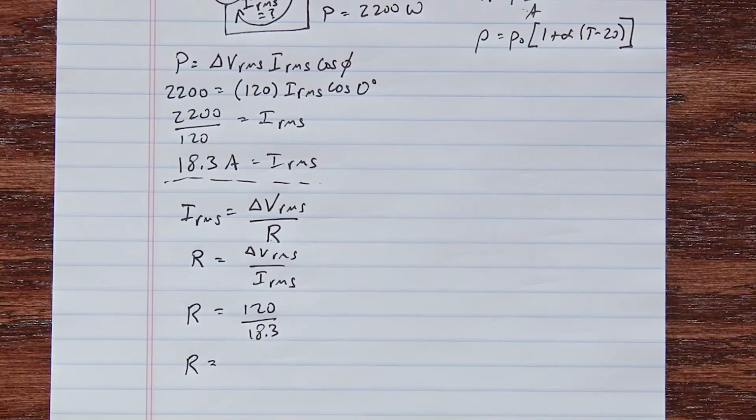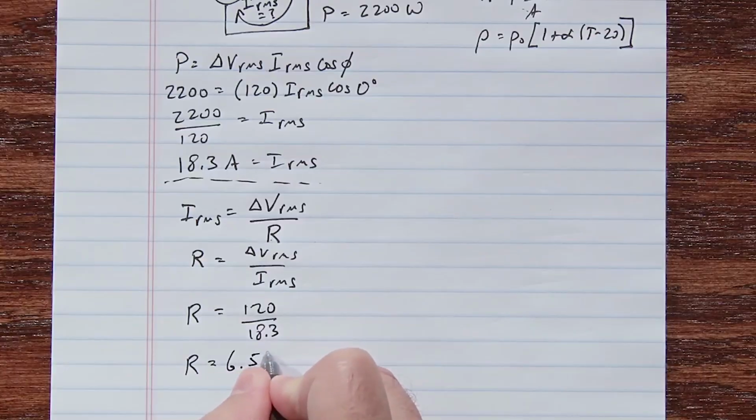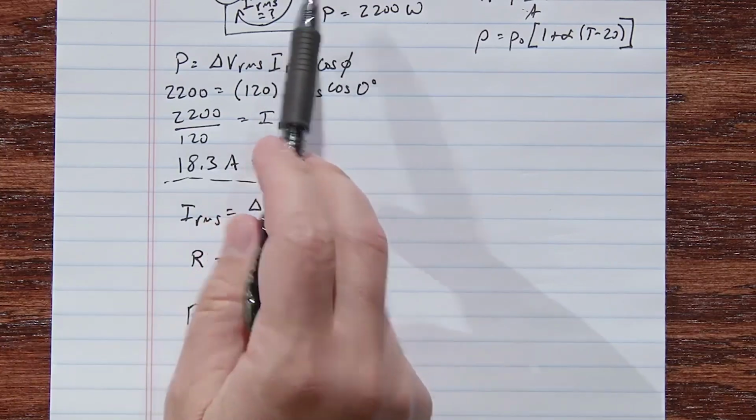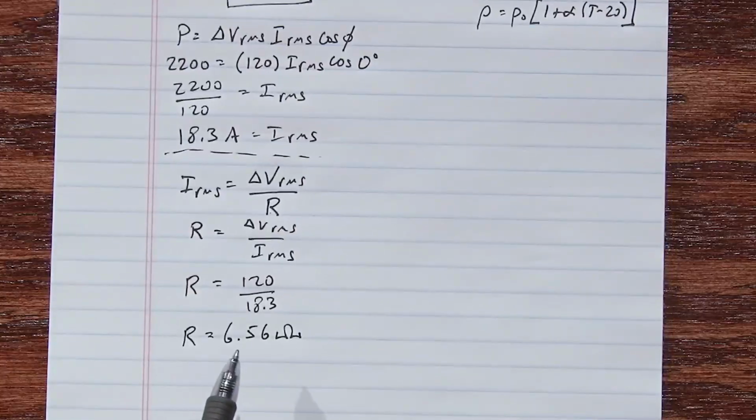And that tells us that the resistance is 6.56 ohms. So the resistance of this resistor is 6.56 ohms to give us that power when connected to that voltage.